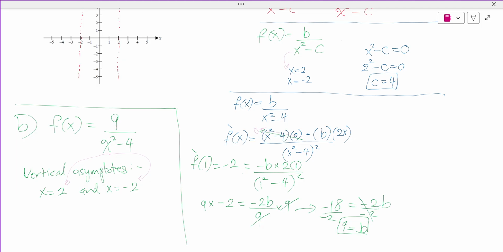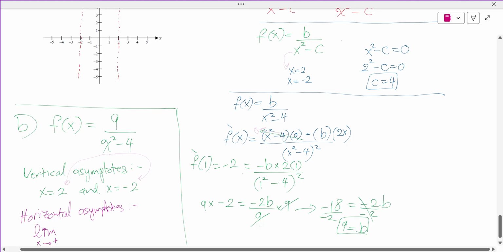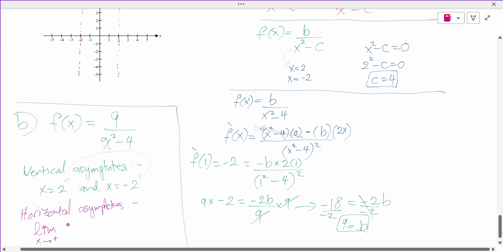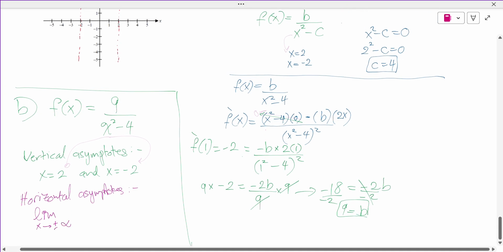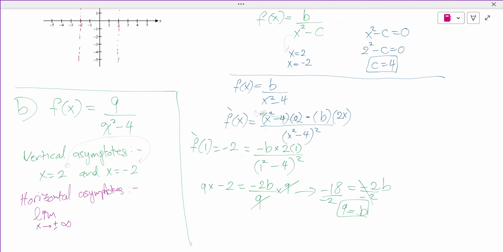So to find the horizontal asymptote, we'll find the limit as x approaches positive and negative infinity of f of x, which is 9 over x squared minus 4.